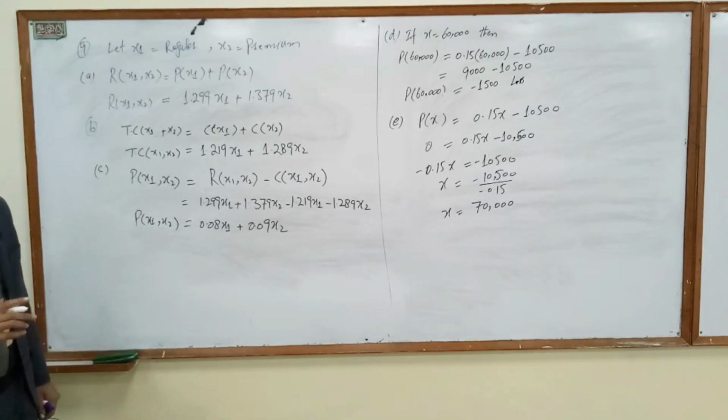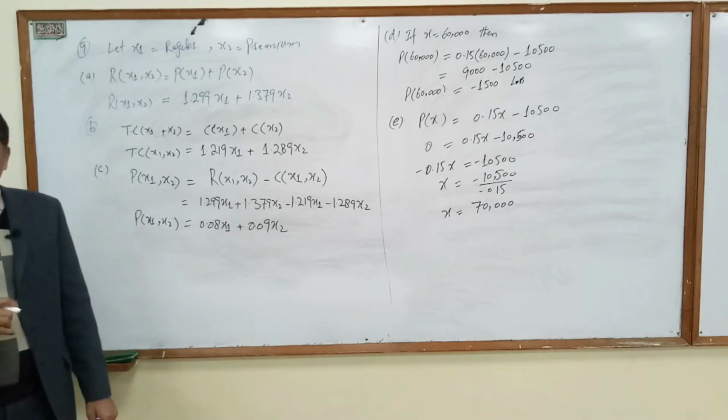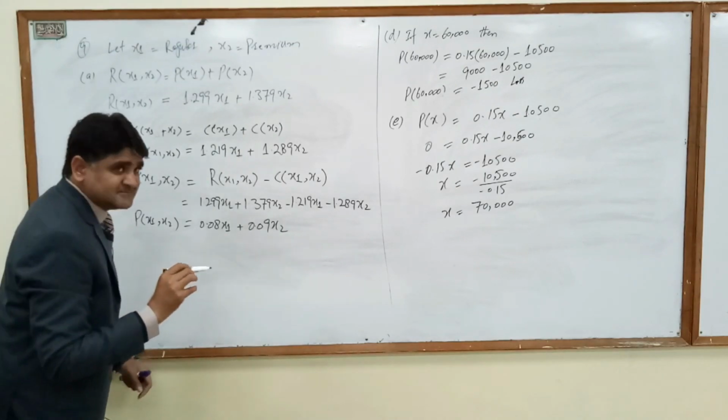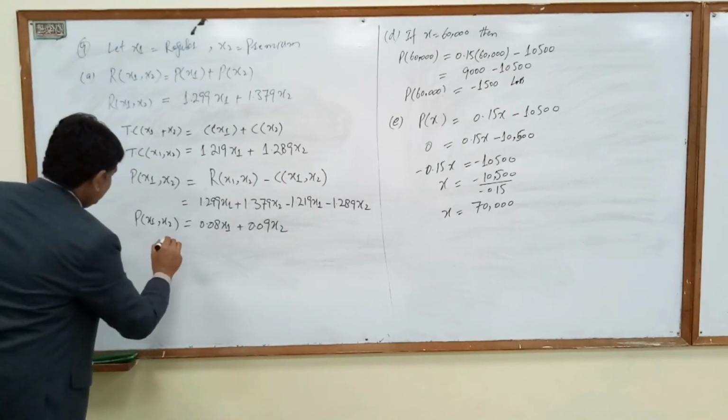What is part D? What is the total profit expected if the station sells 100,000 gallons of regular and 40,000 of premium? Okay.